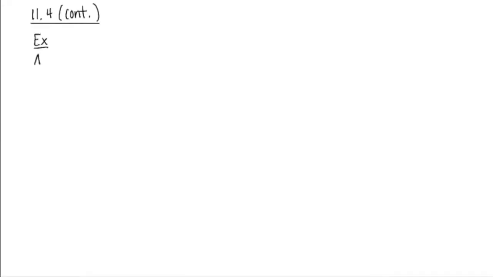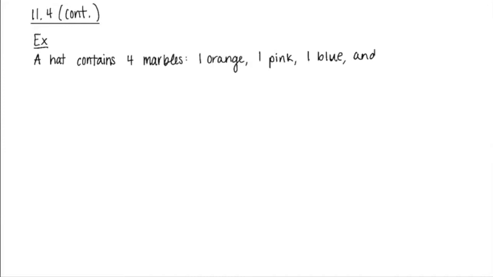So we are told a hat contains 4 marbles. There's 1 orange, 1 pink, 1 blue, and 1 green. 2 marbles are to be selected without replacement from the hat.